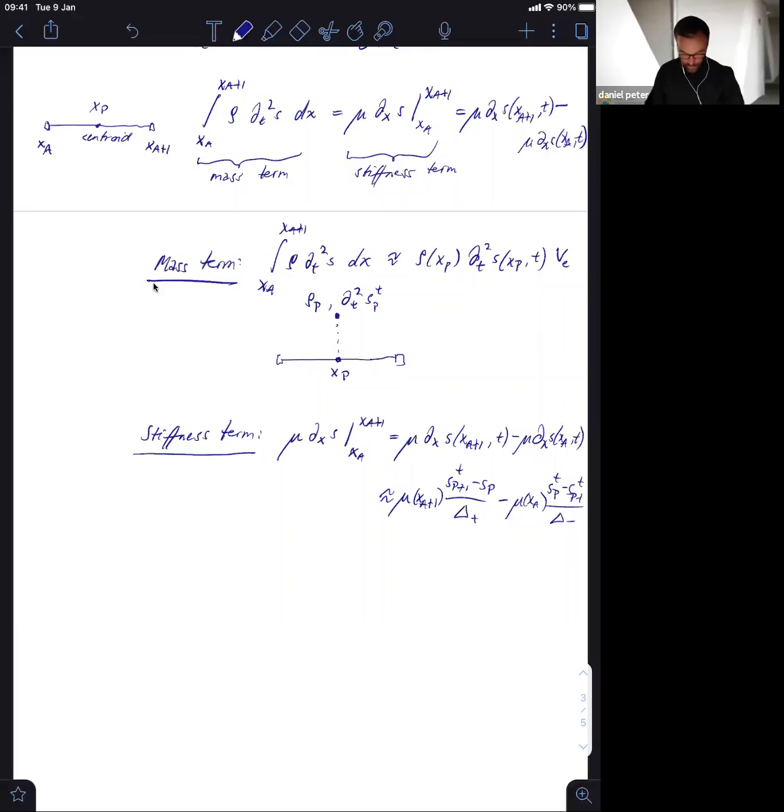So if you want to put this as a figure, we have here our reference cell with xp, xa and xa plus 1. And then we have that neighbor cell with the center at p plus 1 and one with the neighbor at p minus 1. So the distances between centroids are called delta plus and delta minus.